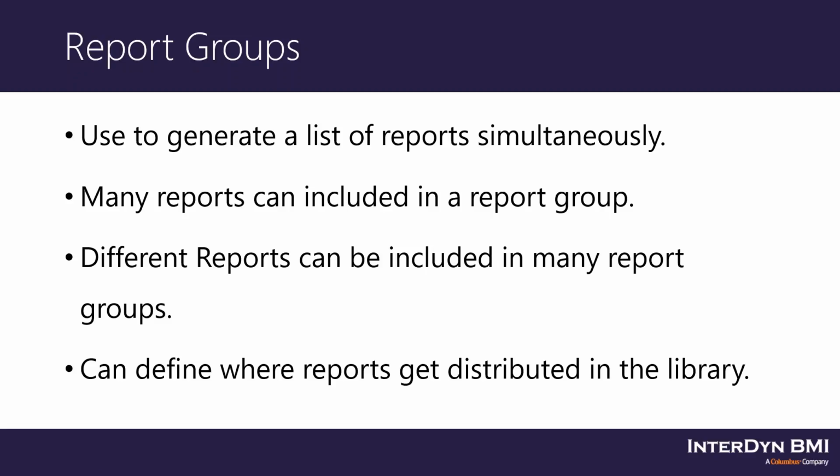That's where report groups can come in and allow you to distribute all of the reports in the report group to a single location in the library. So maybe you set up all your reports to default to the draft folder so that if you run them on a one-off basis, they always go to the draft folder. But then when you run the report group, you can say, okay, well, these are going to be my January reports, and I want to put these in my January folder. And report groups will allow you to do that.